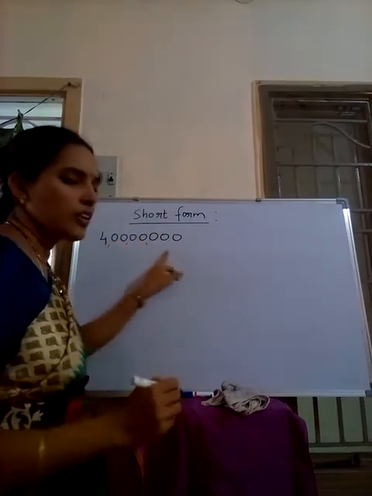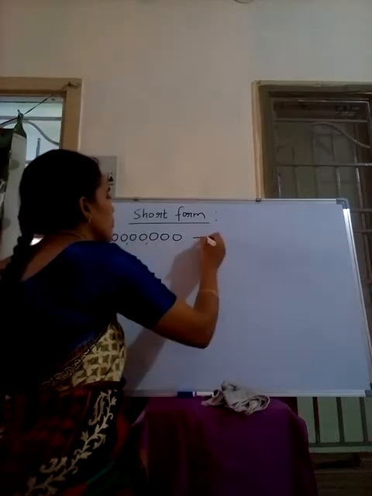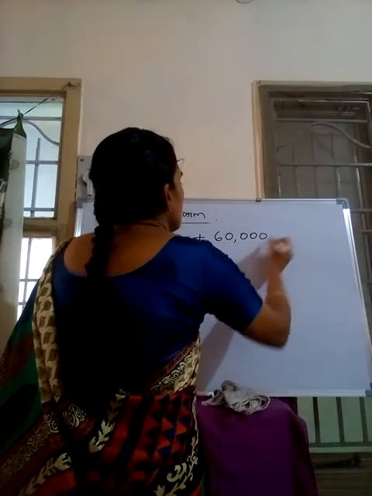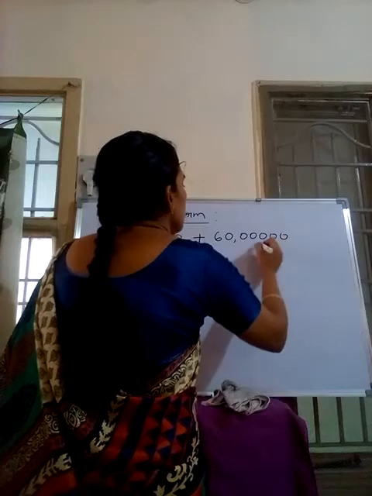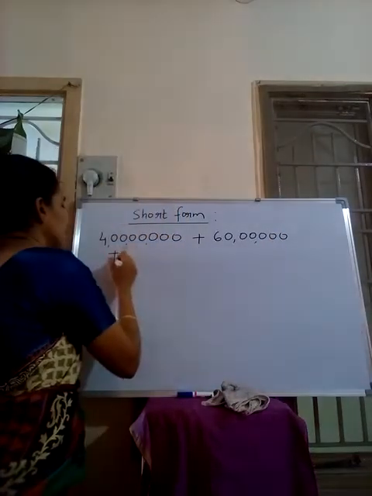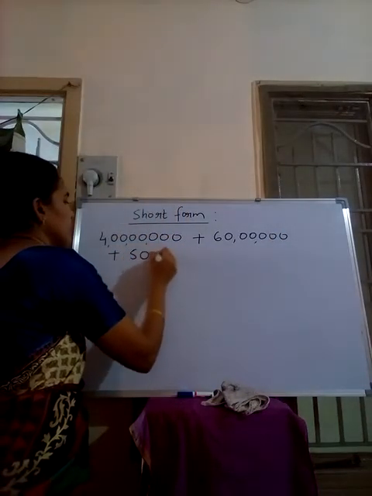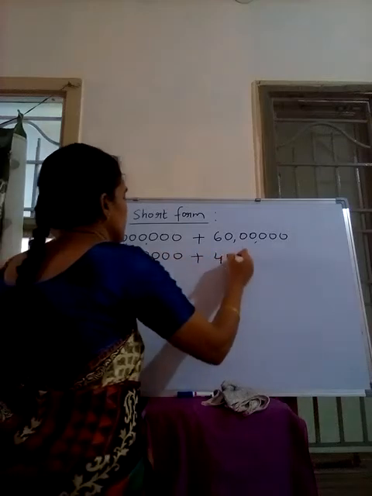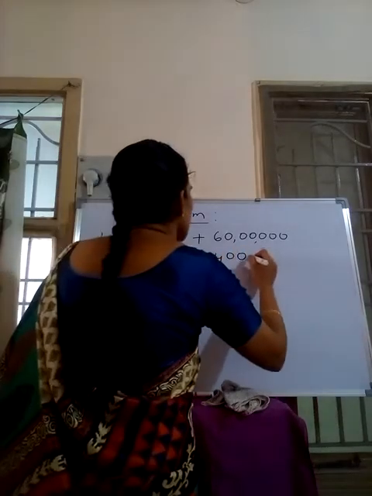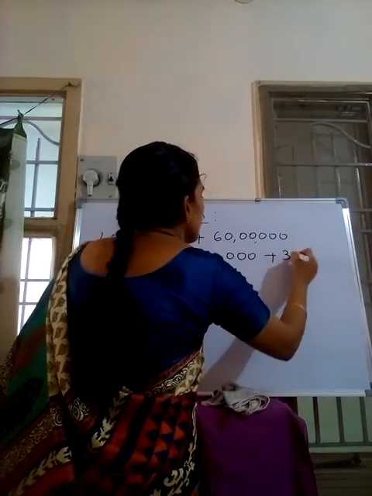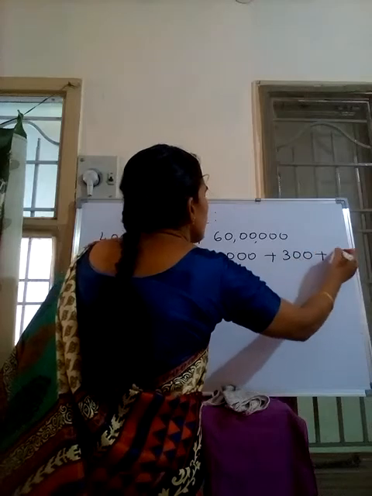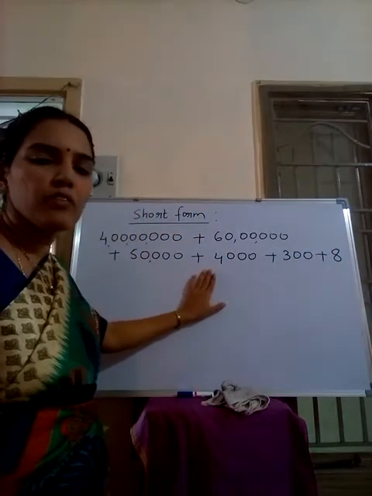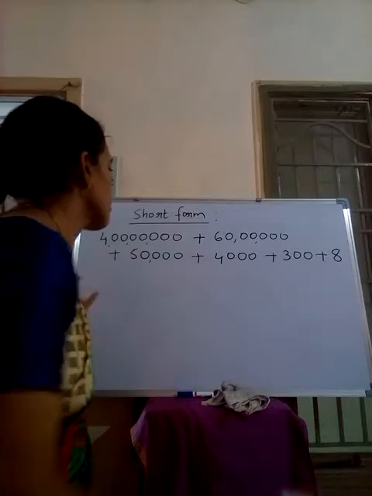What is this number? 4 crores. I took one expanded form. Now we are writing the short form.